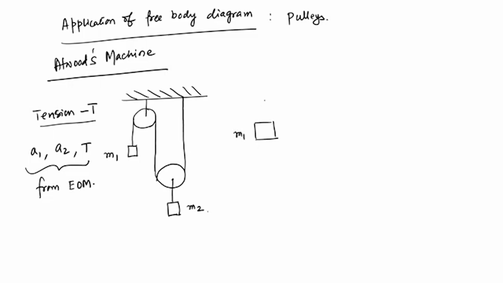There is a tension that is acting upward and a weight that is acting downward. This is the free body diagram, in short we call it FBD.